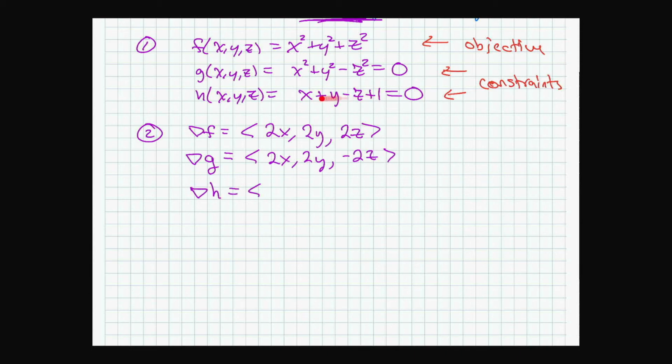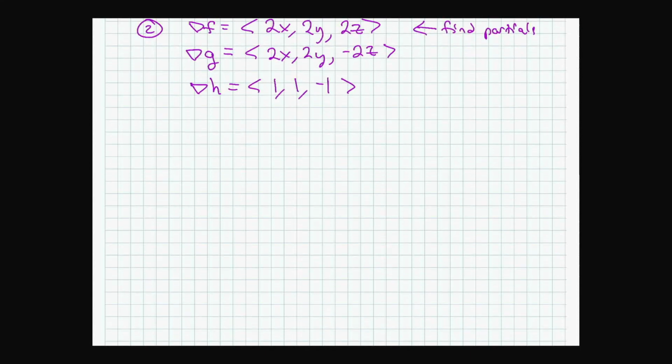Partial with respect to x is 1, partial with respect to y is 1, partial with respect to z is minus 1. After you find your partials, you want to write out your system of equations.